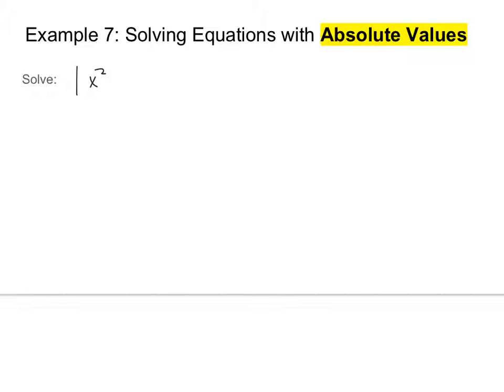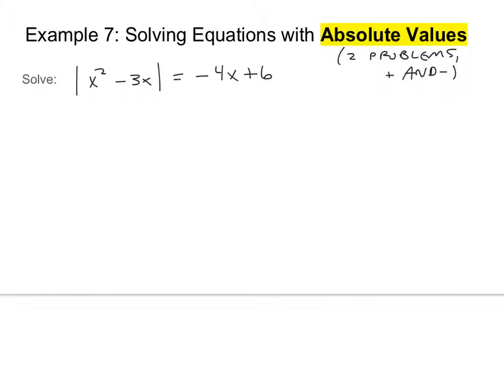In this one, I'm going to solve with an absolute value. And I've got absolute value of x squared minus 3x equals minus 4x plus 6. Absolute value means two problems. Positive and negative.